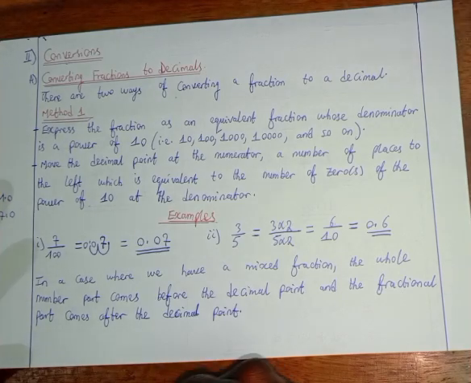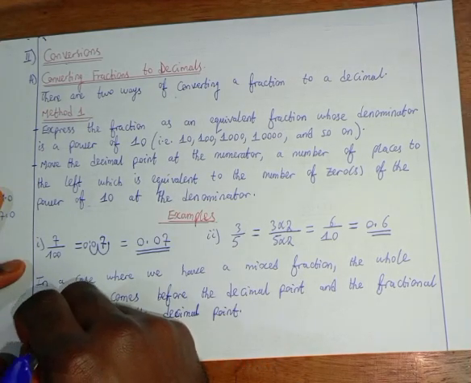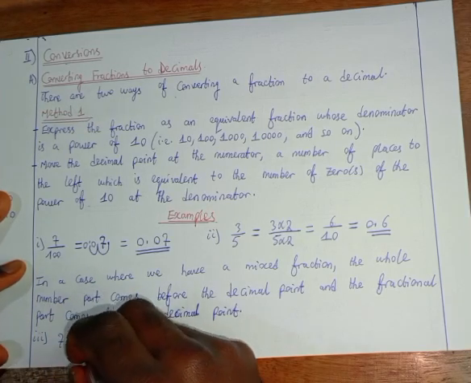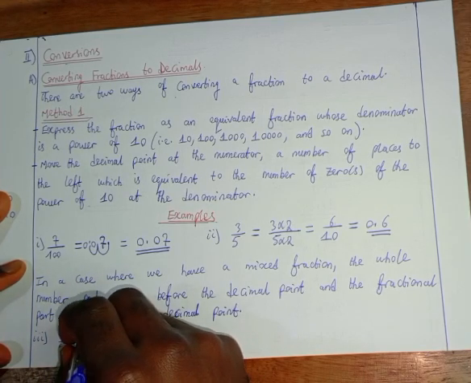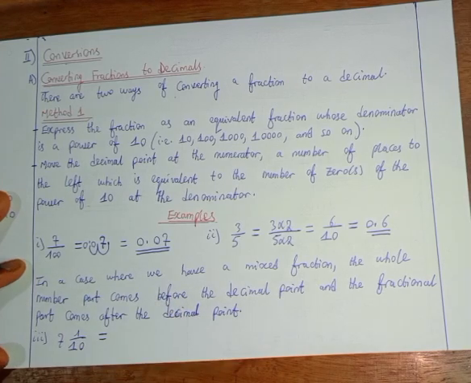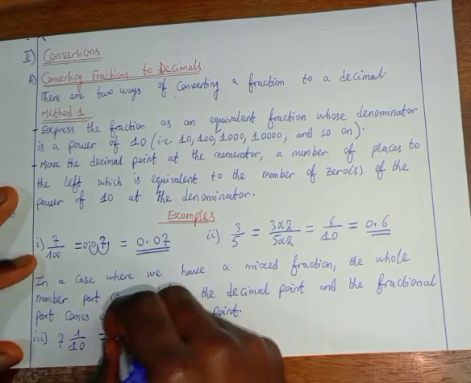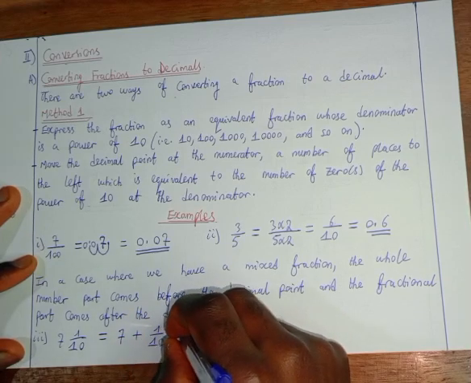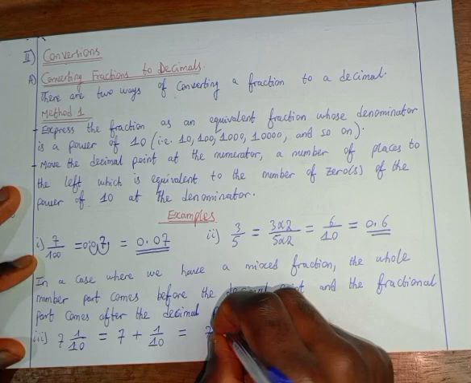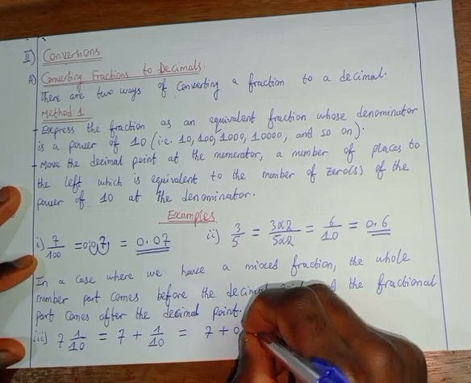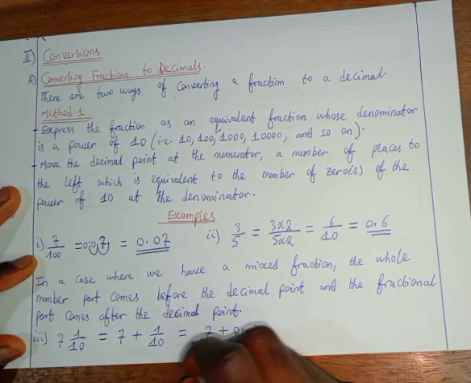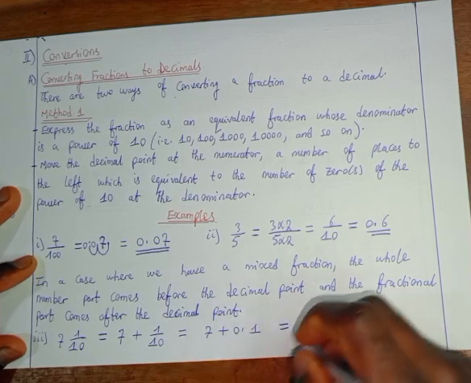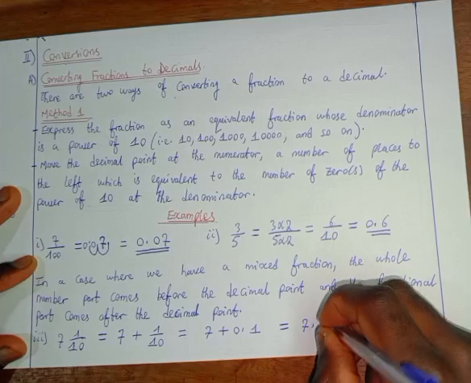Now let's continue with the examples. If we take 3i, in this case we have a mixed fraction 7 and 1 over 10. This will simply be equal to 7 plus 1 over 10, which is simply equal to 7 plus, we know 1 over 10 gives us 0.1. 7 plus 0.1 will simply be equal to, you're going to replace the whole number part here 0 with a 7. So it gives us 7.1.